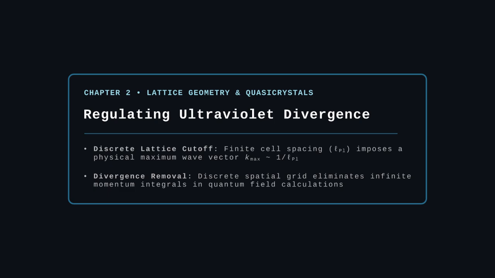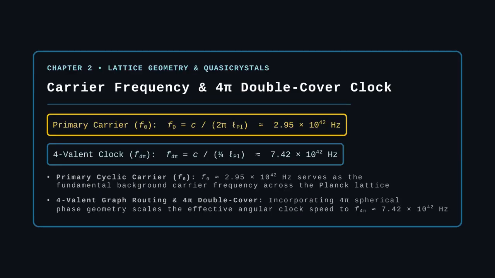Rather than treating the approximately 10 to the power of 42 Hz oscillation as an emergent byproduct derived from lower energy electromagnetic inputs, MSVT postulates that the primary vacuum substrate possesses an intrinsic zero-point breathing cycle operating at the Planck scale limit. The fundamental carrier frequency, f0, equals the speed of light divided by 2 pi times the Planck length, yielding approximately 2.95 times 10 to the power of 42 Hz.